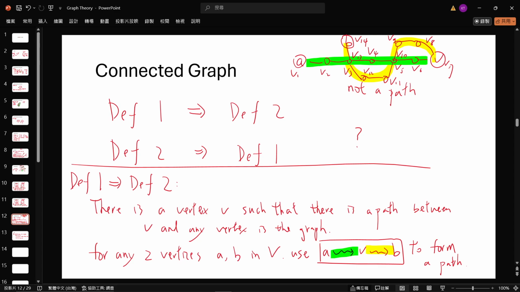Let's say the vertex is X. So we have a path between A and X. And there's another path between X and B. So A, X, and B is the path.